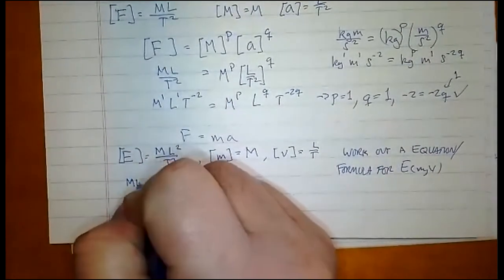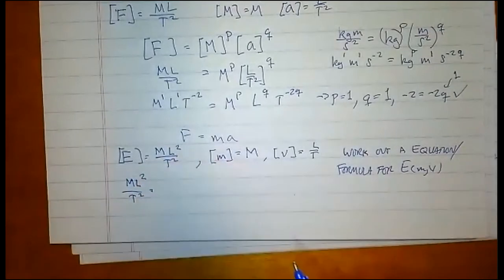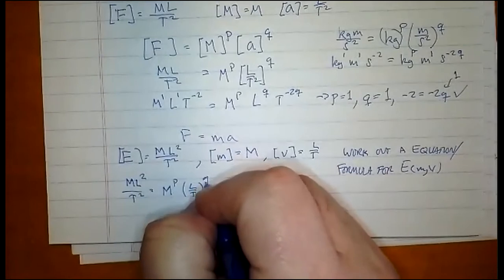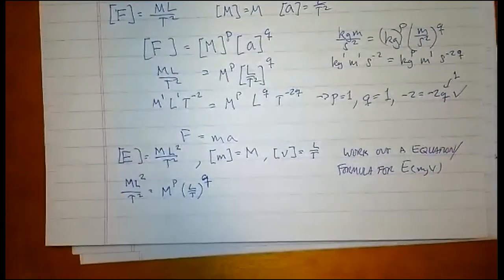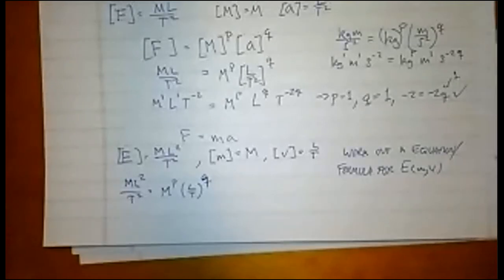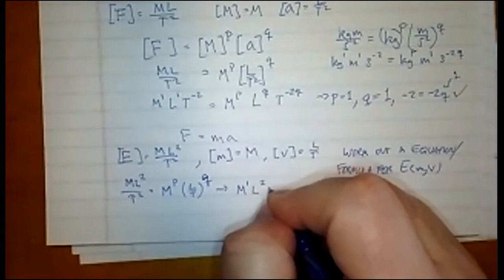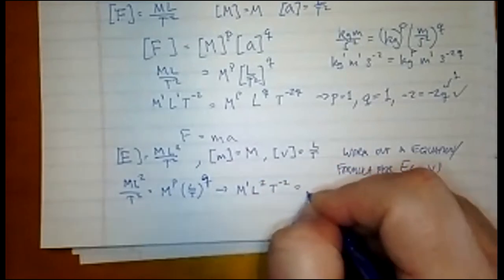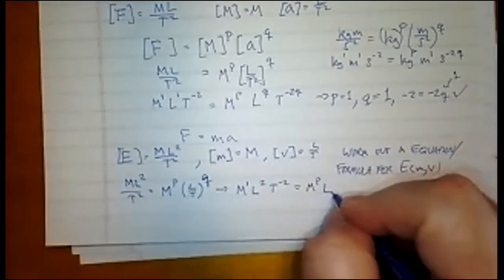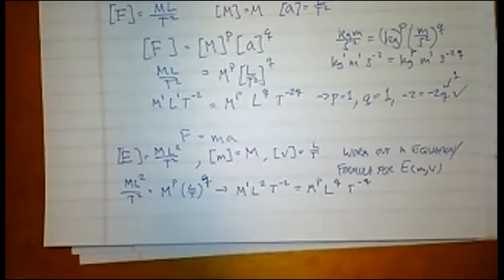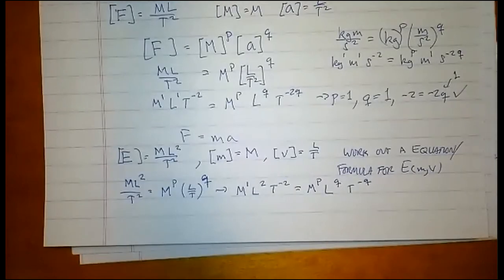I'm going to say M L squared over T squared is equal to M to the P times L over T to the Q. That's the first step. That should be your second step.